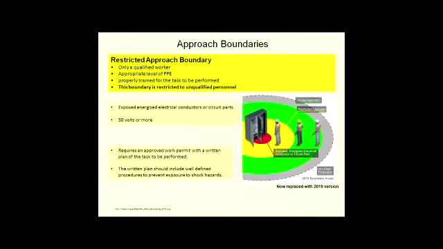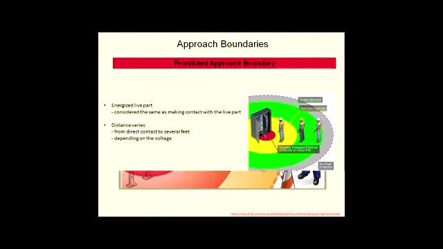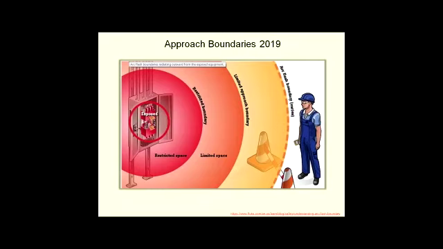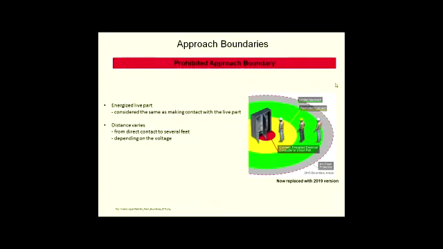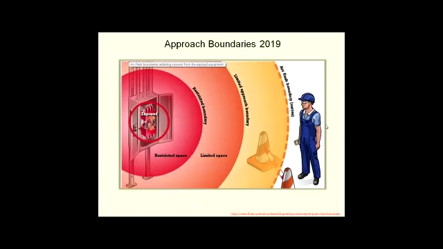Okay, now so we have approach boundaries. Instead of 1, 2, 3, 4, what do we have now? 1, 2, 3 boundaries, because the two closest ones were combined into one.